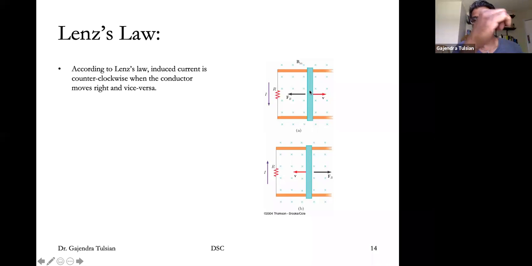Stick your right hand out: if your fingers are pointing in the direction of the current, this induced current is producing a magnetic field in the loop out of the page, and that's opposing the flux change. So Lenz's law tells you the direction of the current.